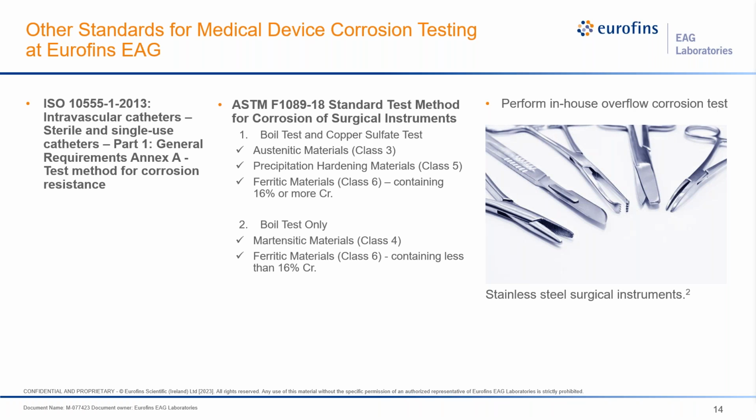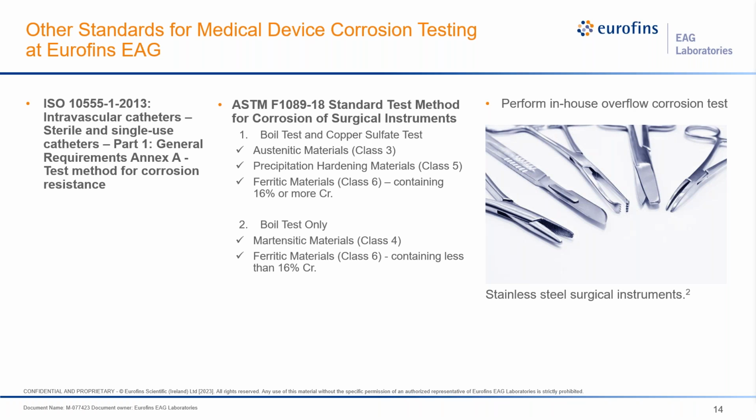Another medical device corrosion testing standard that is often executed here at Eurofins EAG is ASTM F1089, a test method that tests and evaluates new and reusable surgical instruments fabricated from stainless steel alloys for corrosion resistance.